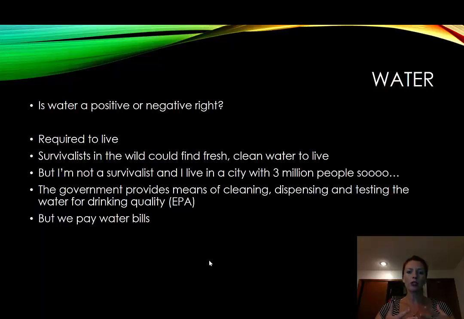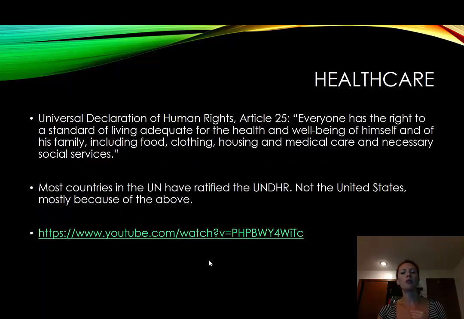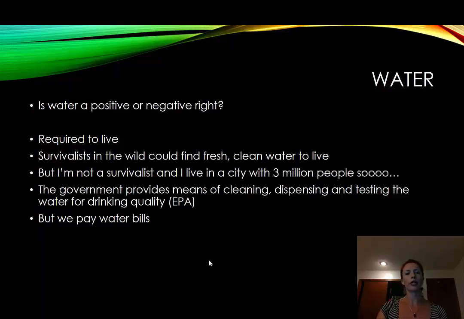And so on a practical level, the government provides the means of cleaning and dispensing and testing the water for drinking quality. But in the United States, at least, we still pay water bills. However, many countries within the United Nations have voted to say that free access to drinkable water is in fact a human right.